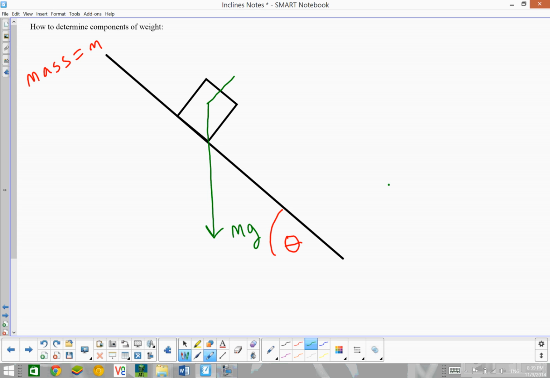You've got your normal force, which again is perpendicular to the incline. I'm going to refer to it as Fn. And we've got our friction force. Now this will be an example of an object that is sliding down the plane with constant velocity.